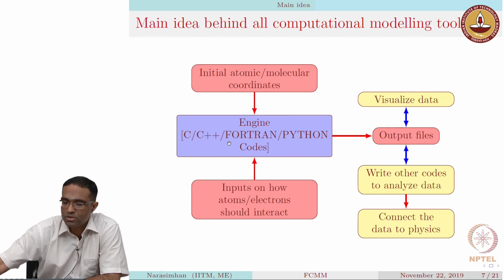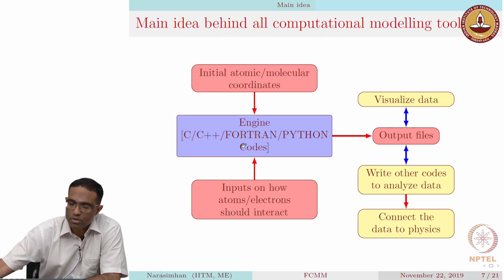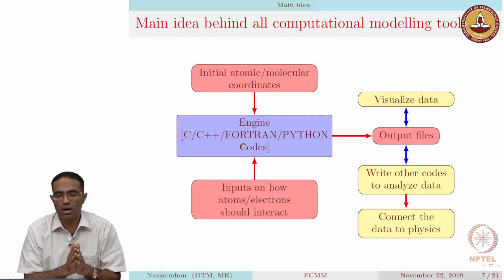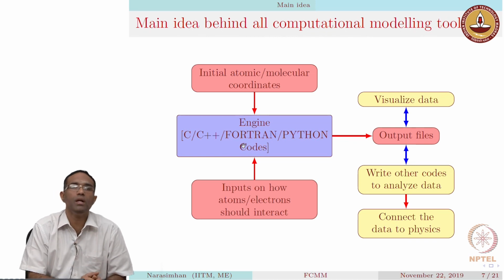So imagine LAMMPS or any other computational software to be this engine, and you need to provide some inputs to this code, and the basic inputs are two things. One is how the atoms are arranged in the material that you are talking about. So we're talking about atomistic level computational tools.